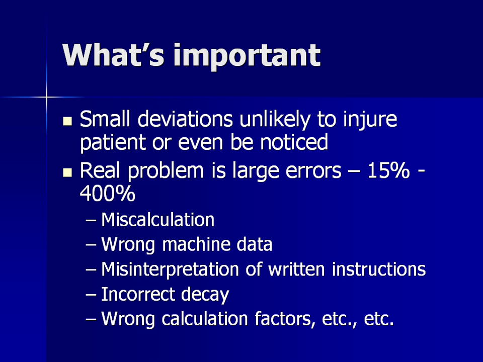So this is from George. What's important? Small deviations, probably unlikely to injure the patient or even be noticed, and that's absolutely true. So the real problem is when large errors occur. And George has listed a few things here, and I recognize these almost directly from some large QA problems that have happened in the distant past and in the not too long ago, last year or the year before.